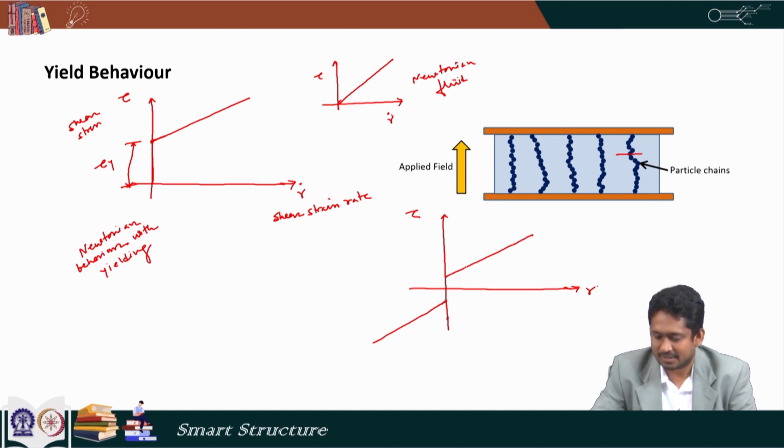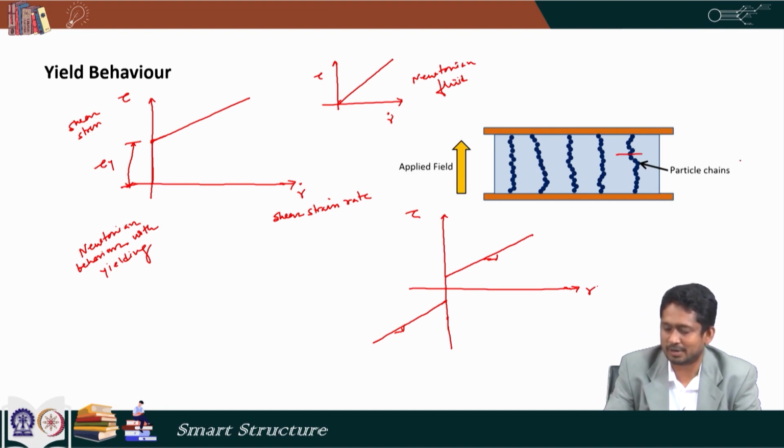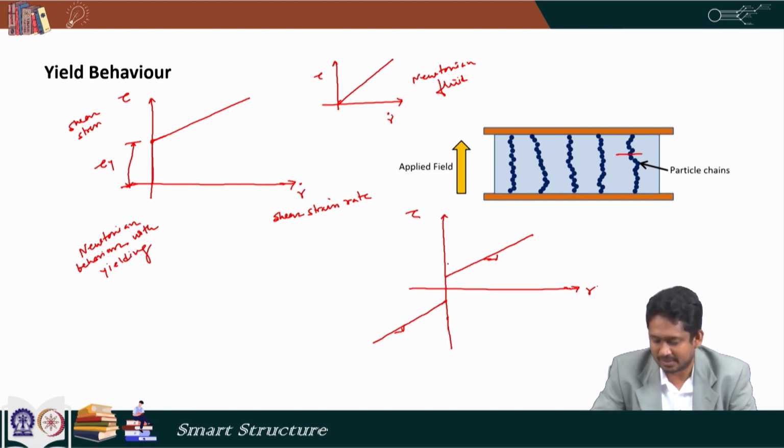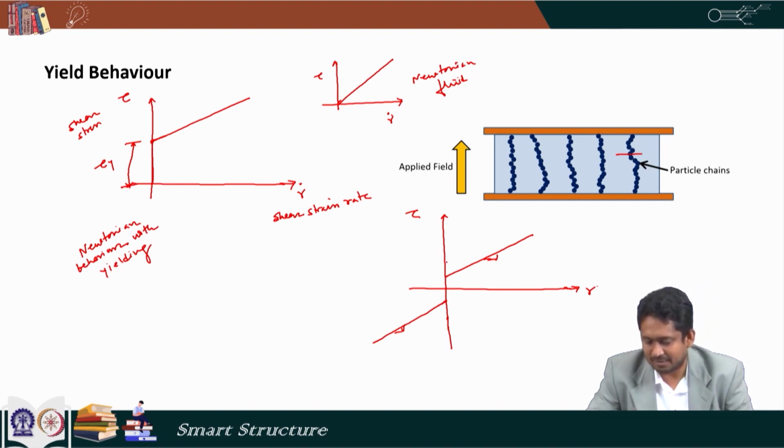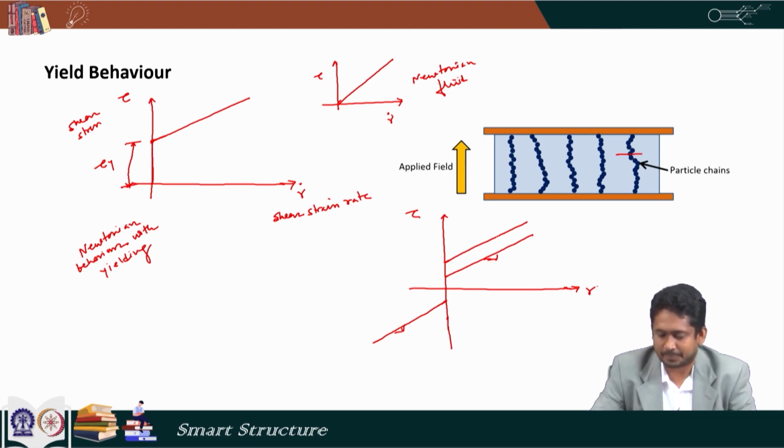So, it is the same slope in the positive and negative direction, because whether the flow is from right to left or left to right does not matter. And then if I increase the electric field or magnetic field, the yield stress increases, but the slope of the curve remains the same, and it goes on like this.